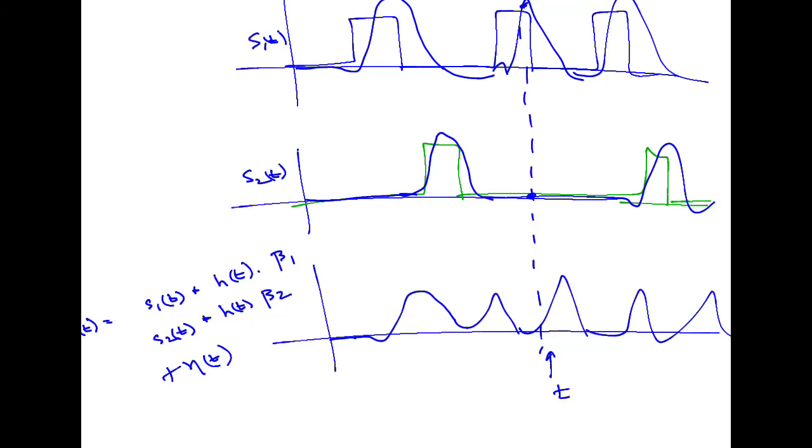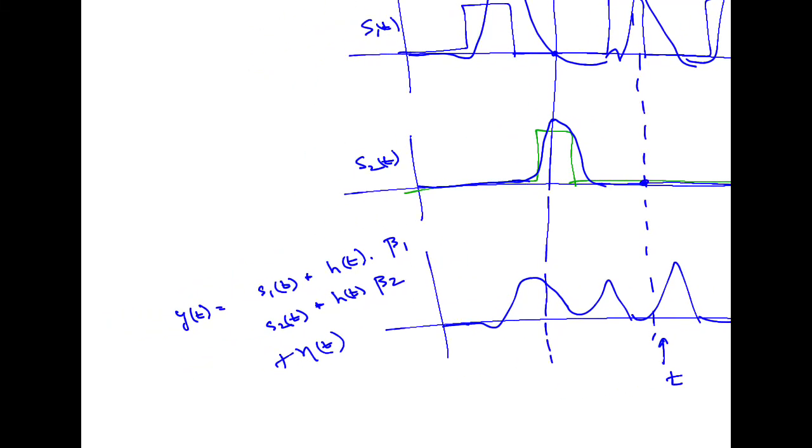So therefore, as a general function of time, because this y(t) I have to get for all values of time, it's like a signal, so I have to get its value at all values in time. So therefore I just combine the two and then I'll get it for all values of time.